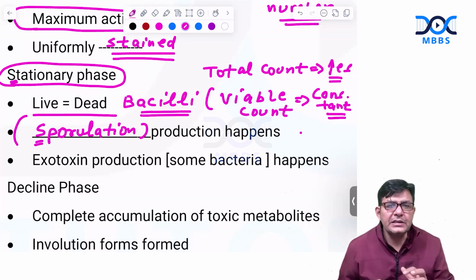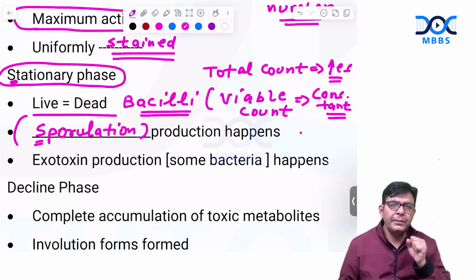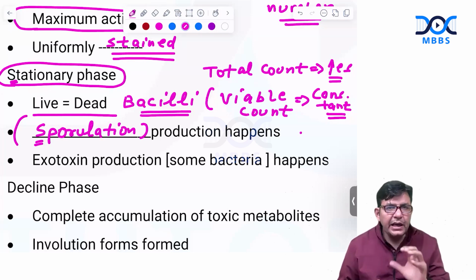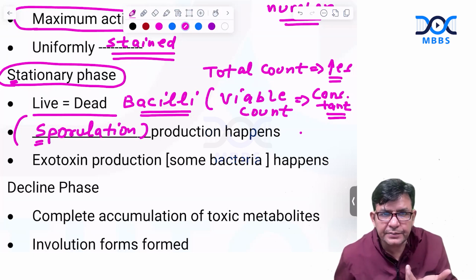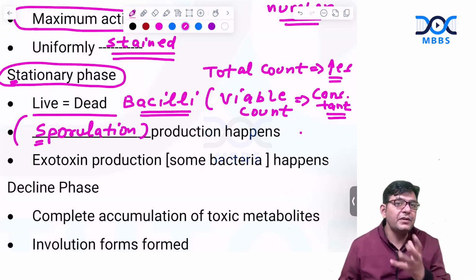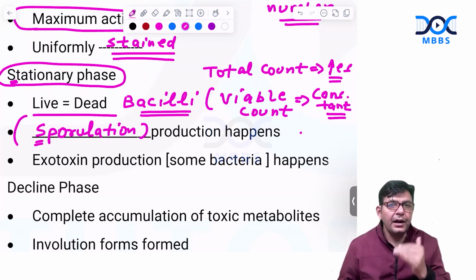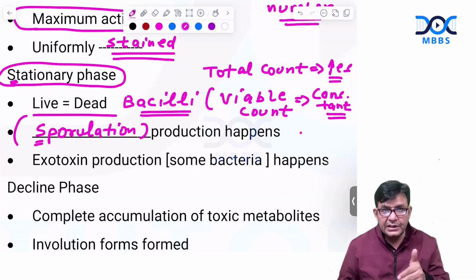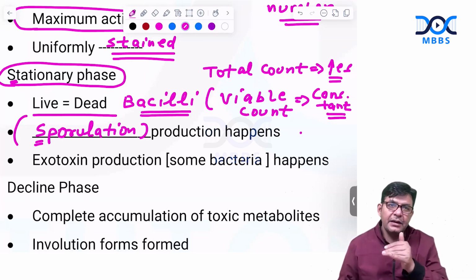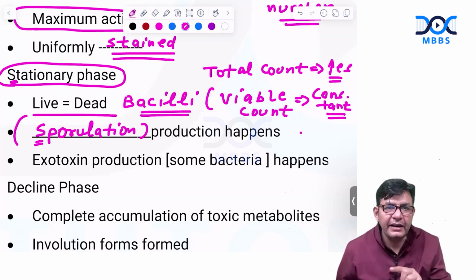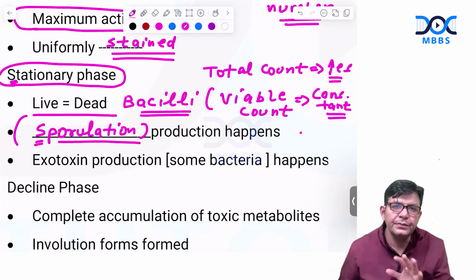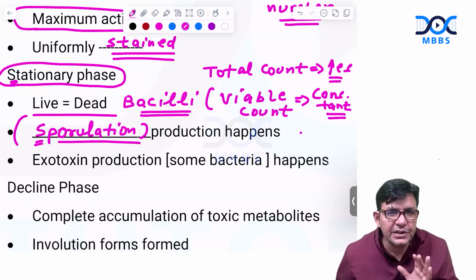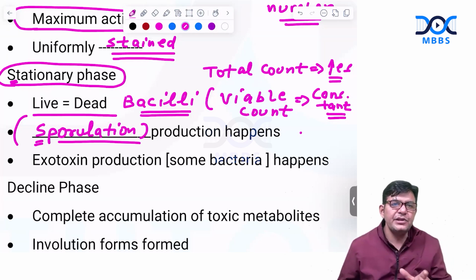Now you can ask, sir, how will sporulation happen in the stationary phase? Because if you remember, the next phase is the decline phase, the death phase. If the bacteria have to survive the death phase, since they are sensing that the final phase, the death phase, is coming, then to survive the decline phase the bacteria in the stationary phase start producing spores. This is the logic of why they produce spores in the stationary phase.